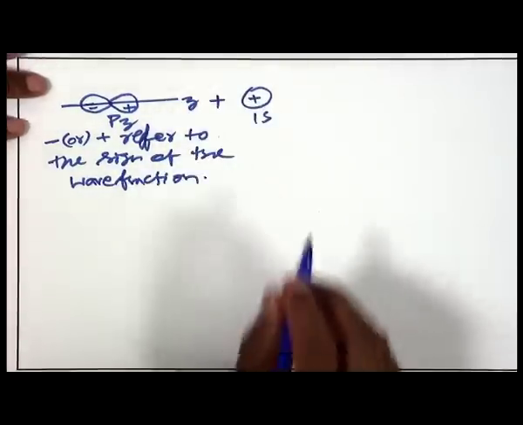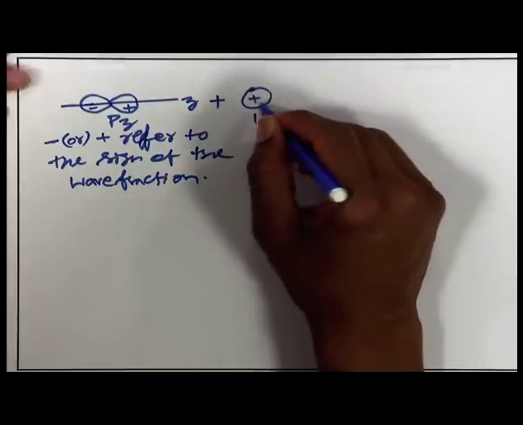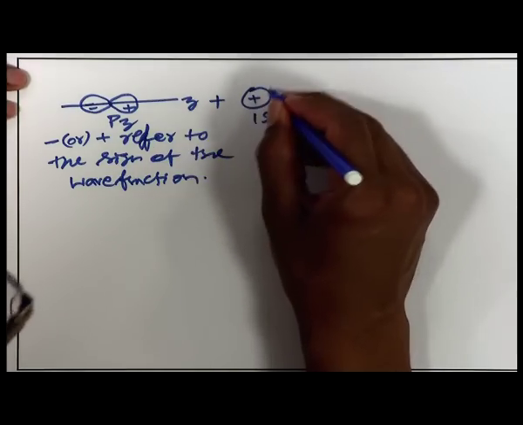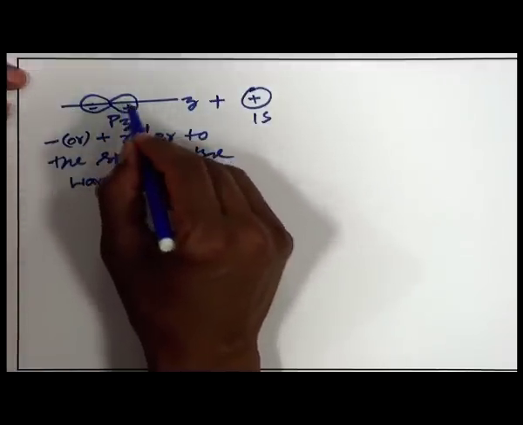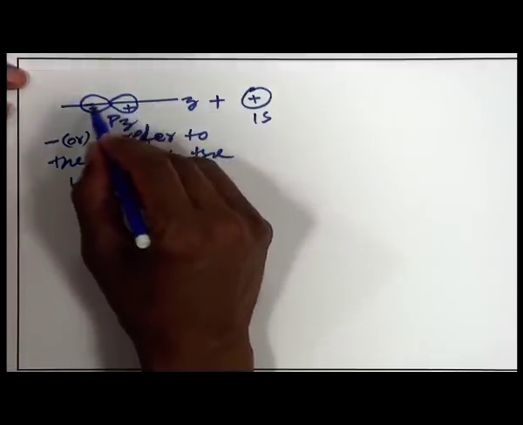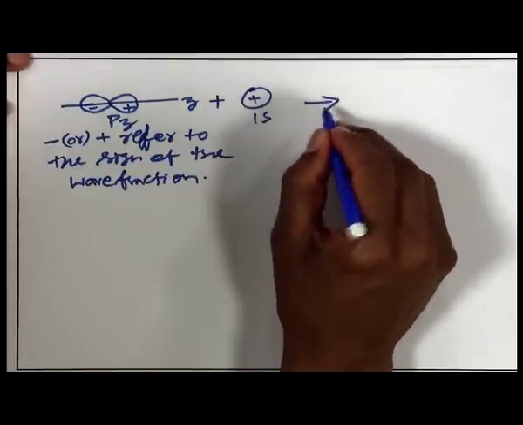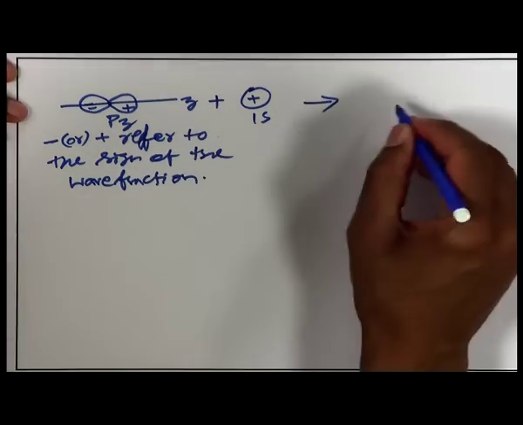It has spherical symmetry, so everywhere it is positive. So, it can overlap with this orbital in any direction, because everywhere it is positive. But on the other hand, if you take a pz orbital, it has a positive wave function here and a negative one here. So, to have a bonding situation, or an overlap which will lead to a bonding, it has to overlap in this way only.